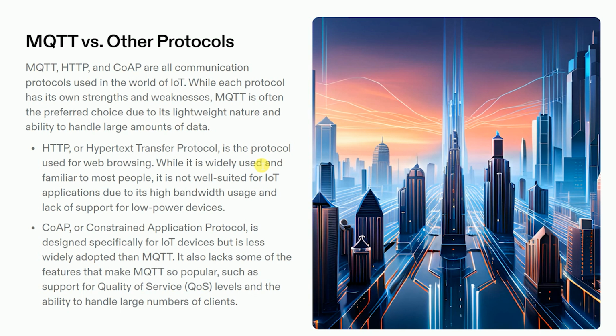Let's talk about some other protocols. Why is MQTT so commonly used in IoT applications? Because we'll compare it with HTTP and CoAP. HTTP is the Hypertext Transfer Protocol, which is mainly used for web browsing, and since it is a high bandwidth application, it works on a request-response model, where you request something and then you get something.